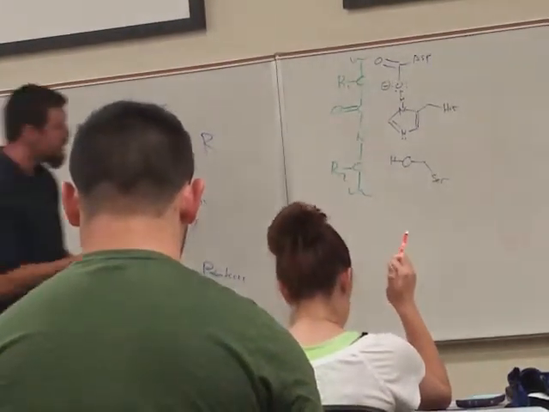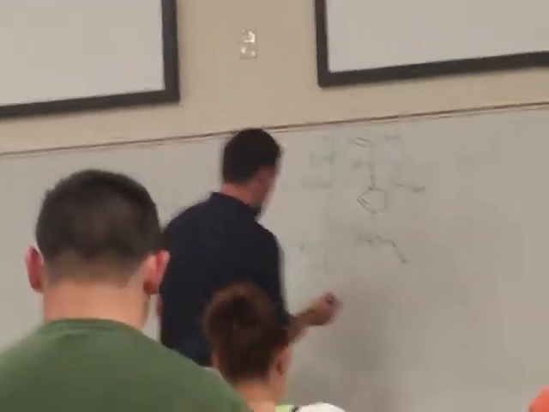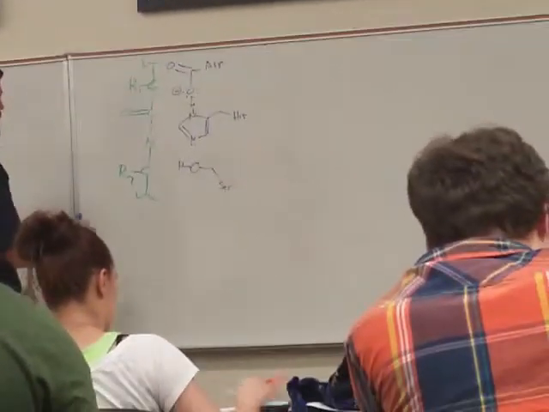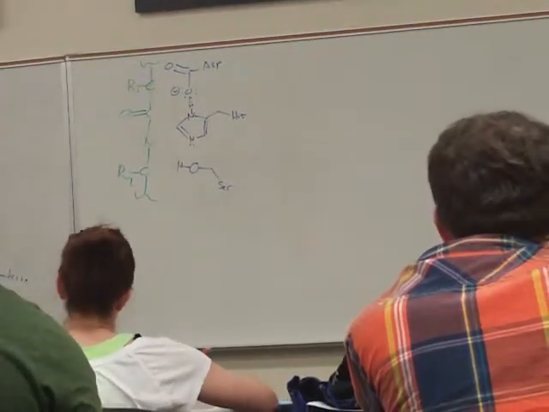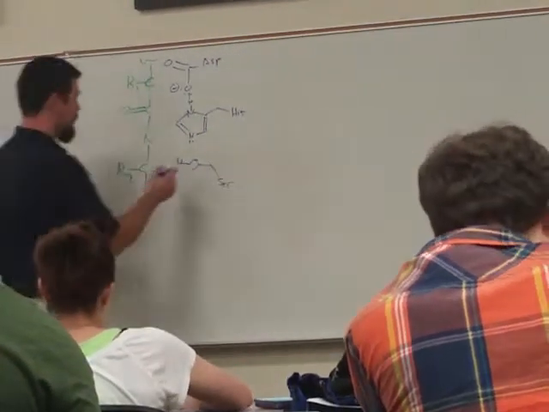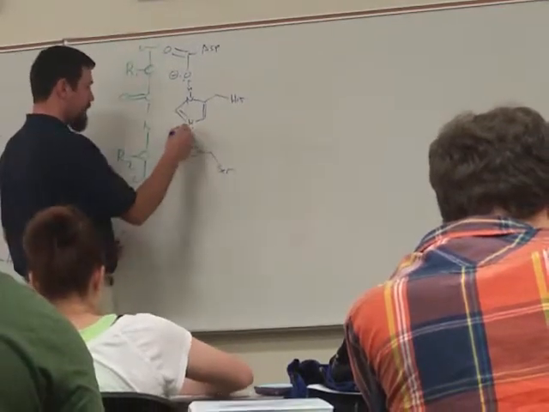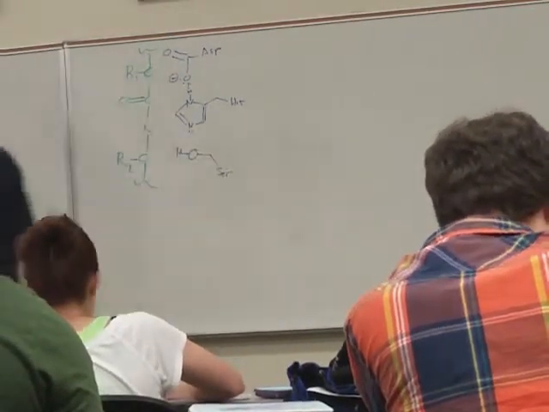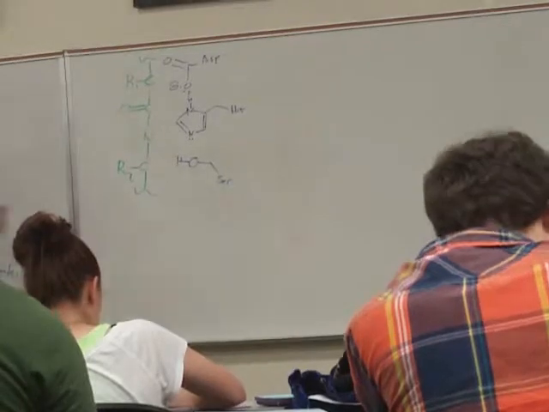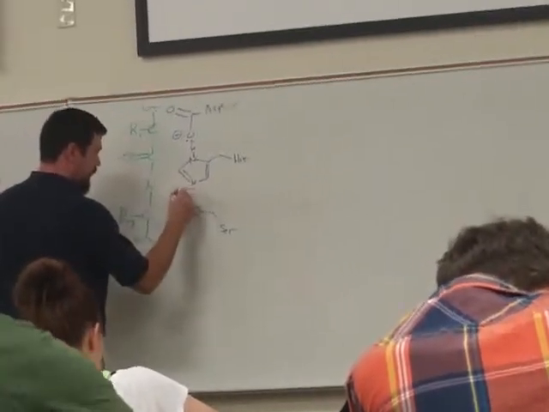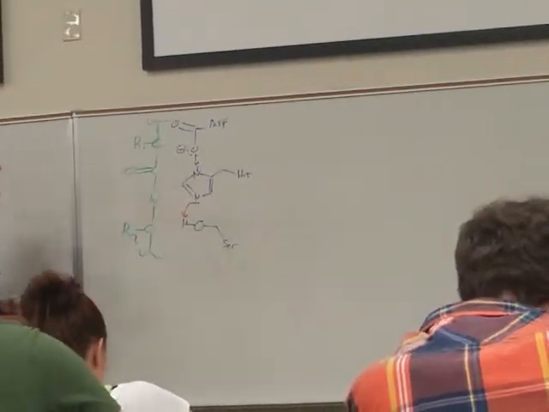Okay, so let's get on to the business here. What happens here? It doesn't matter which one it is. Let's just say it's going to cleave this bond here. So what happens? I'm going to use my colors. This is a base, right?